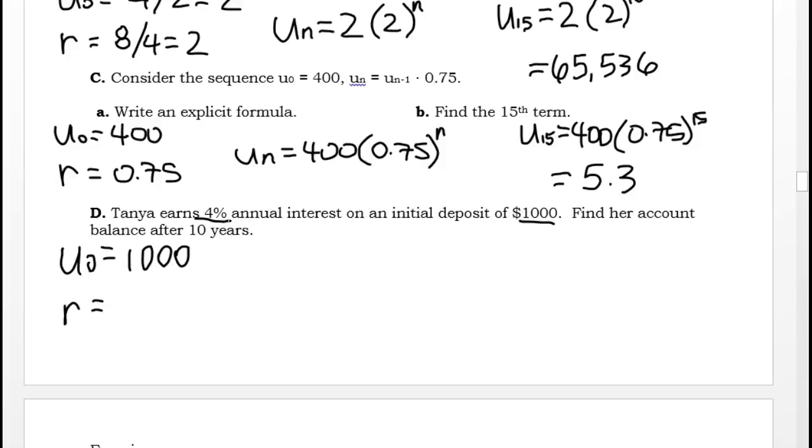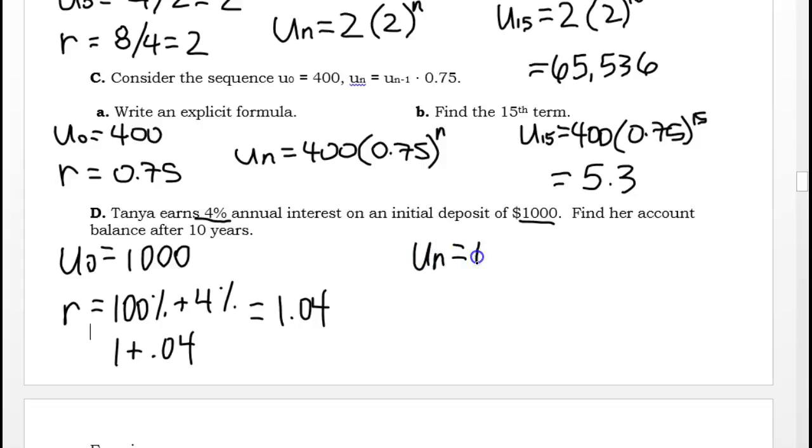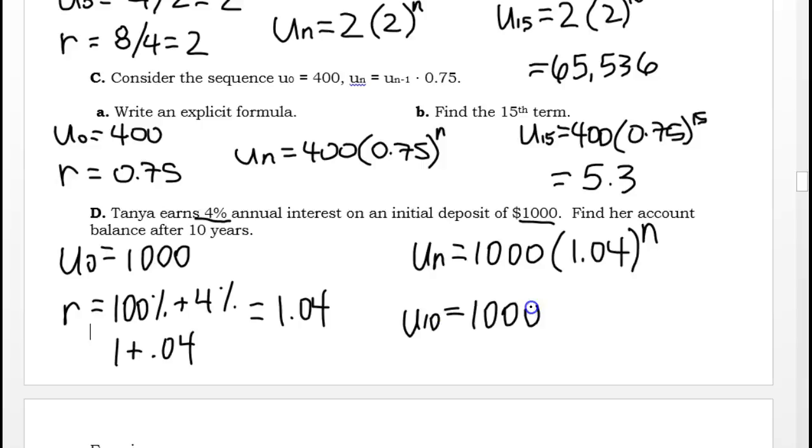So to calculate a percent increase, we need 100% plus 4%. So whether you're using percents or decimals, we should get the same answer, 1.04 for the ratio. So my formula would be 1,000 times 1.04 to the power of n, and if I want the 10th answer, I would substitute 10 for the power.